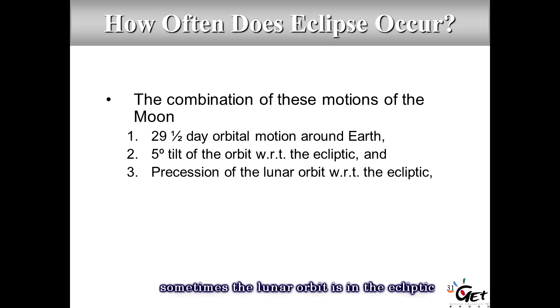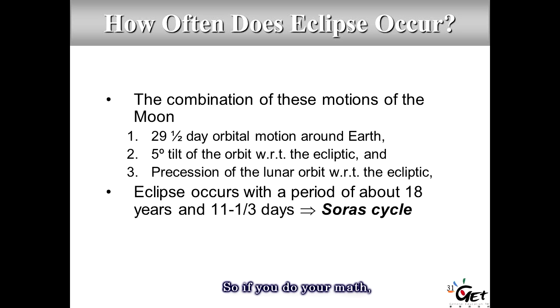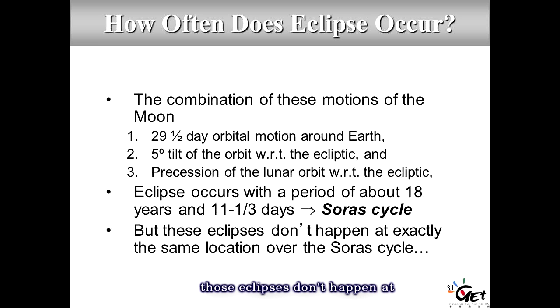Sometimes the Moon is in the ecliptic and sometimes it's not there. So if you do the math, you can see that an eclipse occurs with a period of around 18 years and 11 1/3 days. This is what we call the saros cycle. So every 18 years you will have a solar eclipse, you know that. But those eclipses don't happen exactly in the same location. Remember, the size of a total eclipse is only 300 kilometers and can be anywhere on Earth, depending on the configuration.